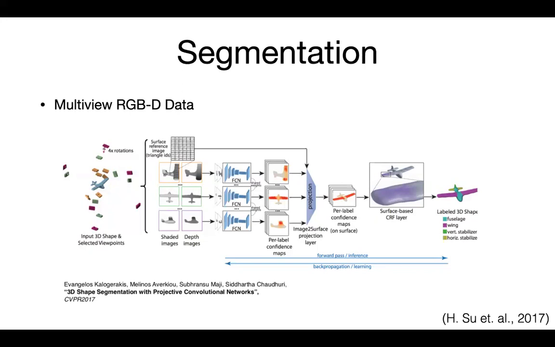Then we have different views of this mesh, but we also know within the image the identity of the triangles. Let's say we color in different ways, where each color is the identity of one part, like the wing is blue and so on. From this we have shaded images and depth images, geometry.